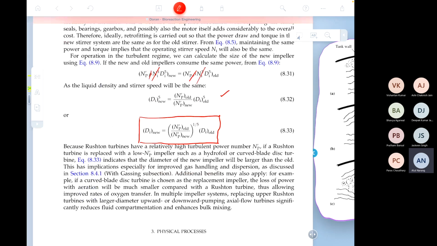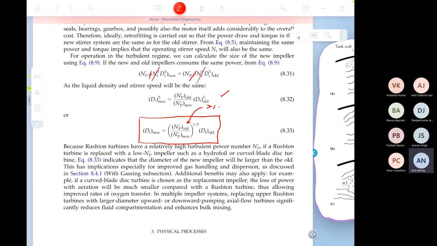So basically, it often turns out that because this ratio is greater than 1, the old ones have a much higher NP prime than, like the Rushton impeller, than the new ones. So it turns out that you end up getting larger impellers, even though you're operating under the same conditions.